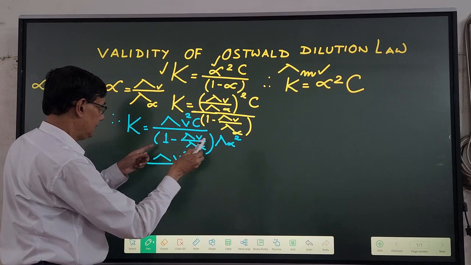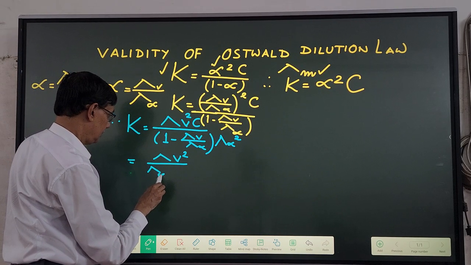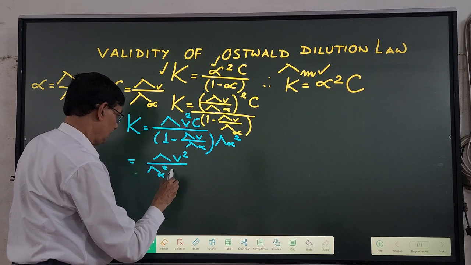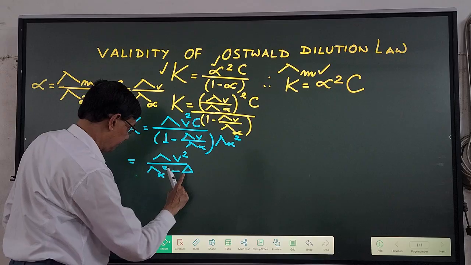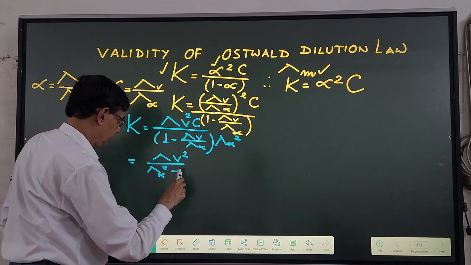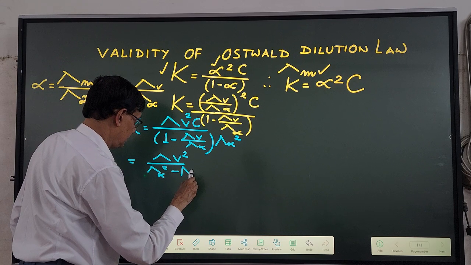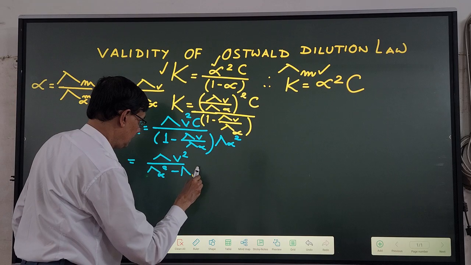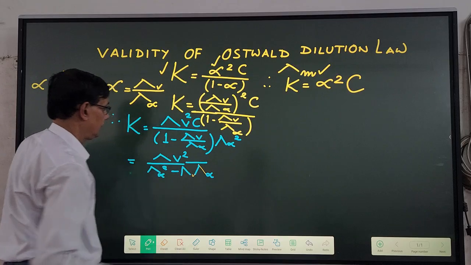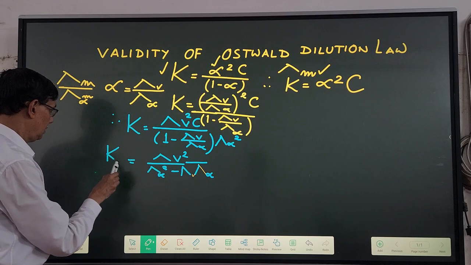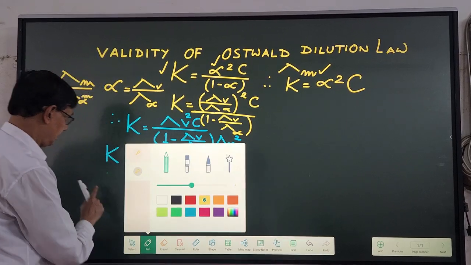Now if I write here, it is lambda_v square C divided by lambda infinite into lambda infinite minus lambda_v, equal to K. Or what I can write?